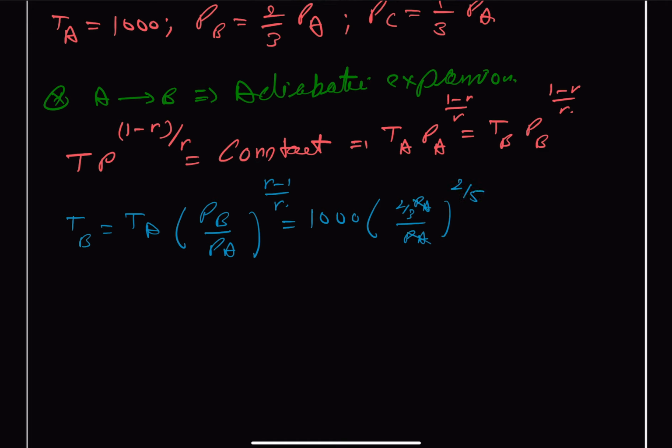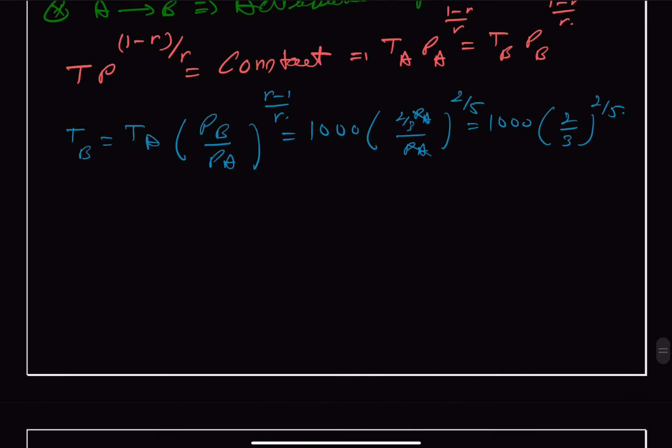PA cancels out, so this comes as 1000 times (2/3)^(2/5). So we get our TB is equal to 1000 into 0.85, which comes as 850 Kelvin.